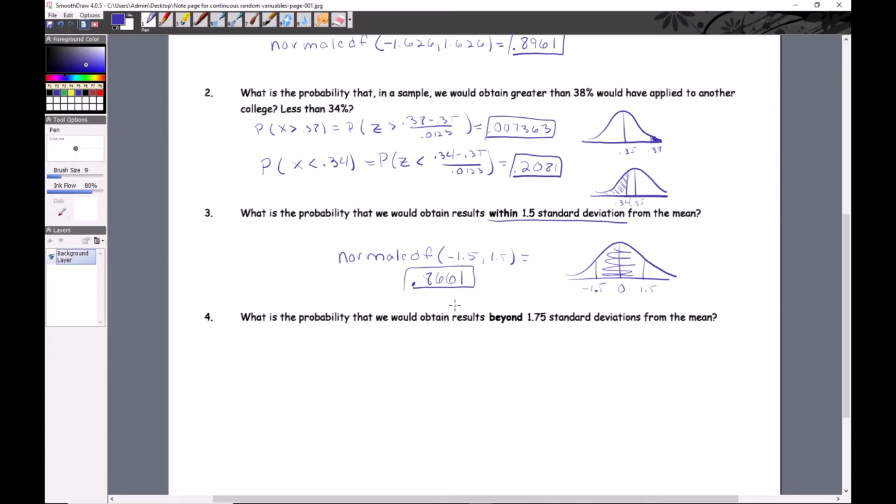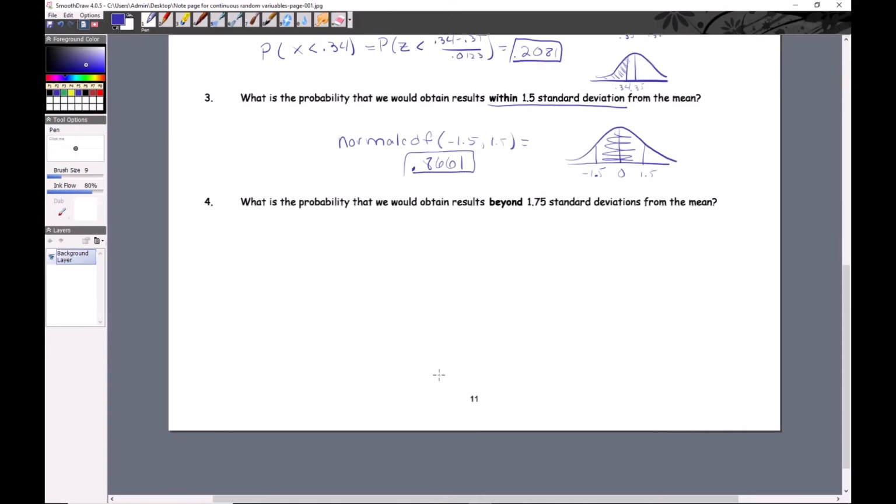All right, the last thing we need to go over is getting results beyond 1.75 standard deviations from the mean, okay? Now beyond is different. It's not within. Okay, so here's 0, here's 1.75, here's negative 1.75, and beyond doesn't point between, it points away. So we're talking about that tail, and we're talking about that tail.